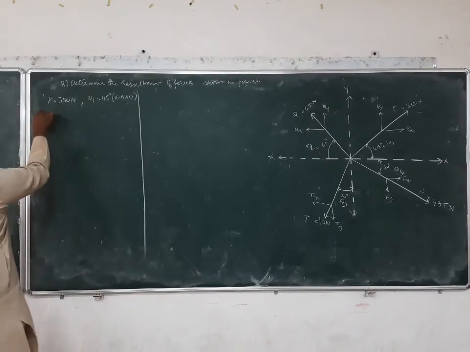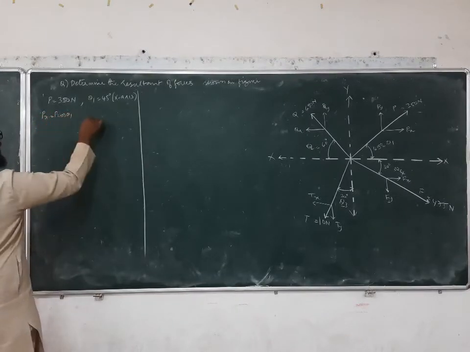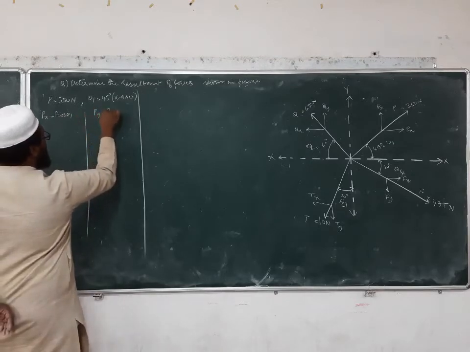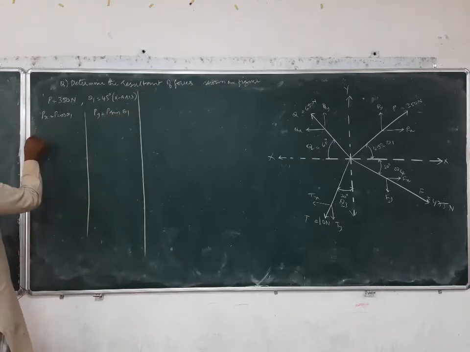So Px is equal to P cos theta 1 and Py is equal to P sin theta 1. Alright. So what is the value of P we have?